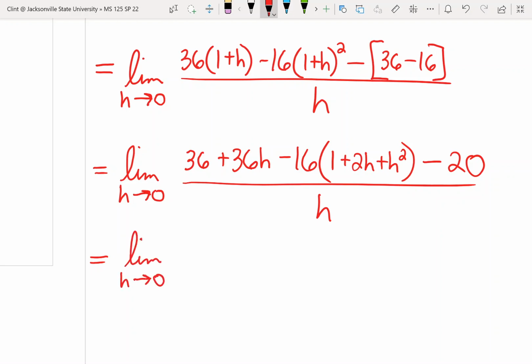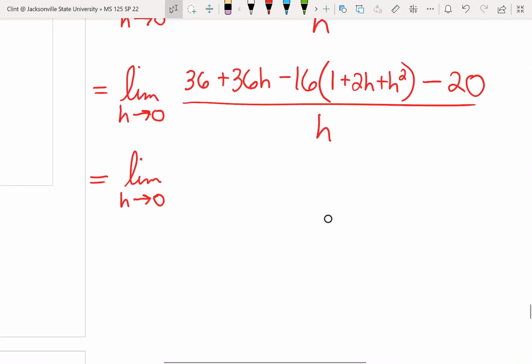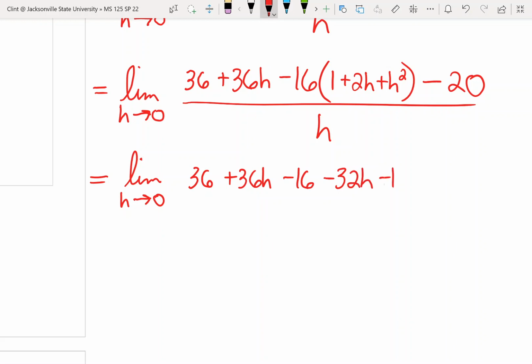This is pretty much the worst one on here, so don't freak out. Okay? There's a lot of them that are easier than this. Minus 16 minus 32h minus 16h squared, minus 20, over h.